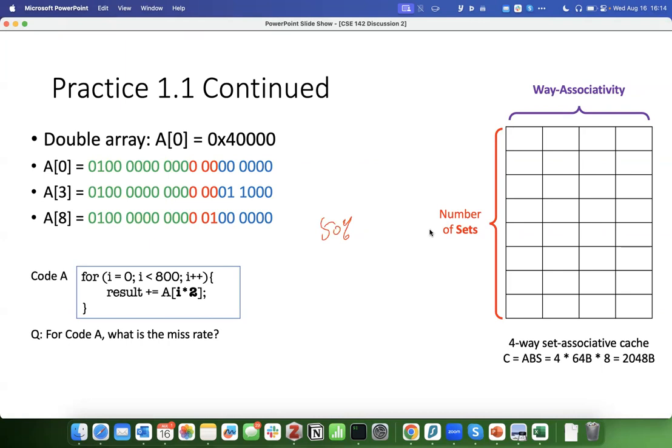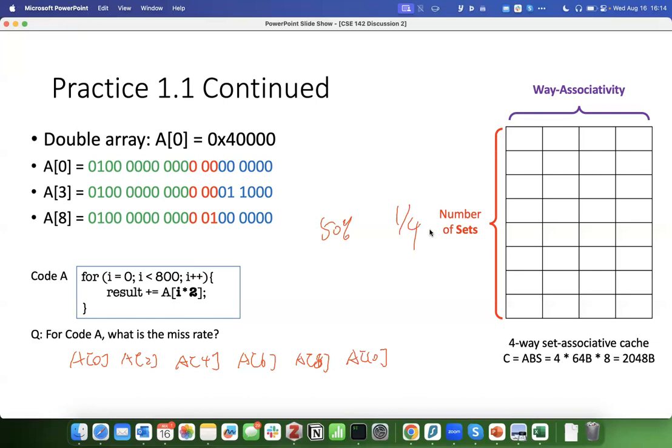Maybe let me put down the access pattern in the meantime: A0, A2, A4, A6, A8, A10, etc. I think that's enough for our analysis. Anyone has what's your answer? 1 in 4, 25%. All right.